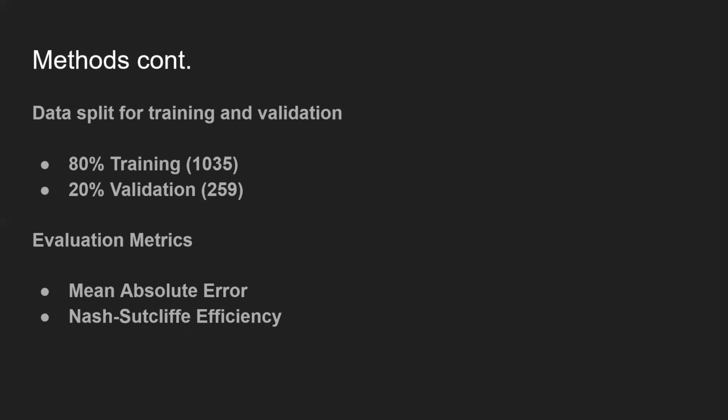The mean absolute error is chosen so that we can assess how our errors spread out in the model prediction, and the Nash-Sutcliffe efficiency measures the deviation of the prediction from the field measurement that we have from the river gauge discharge.